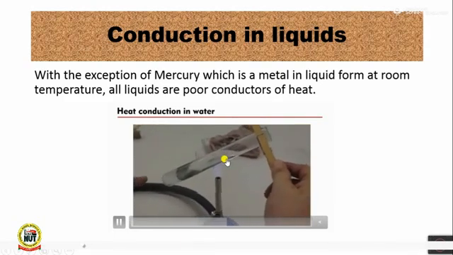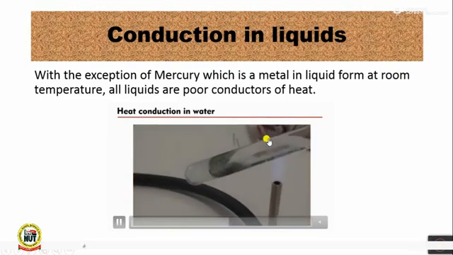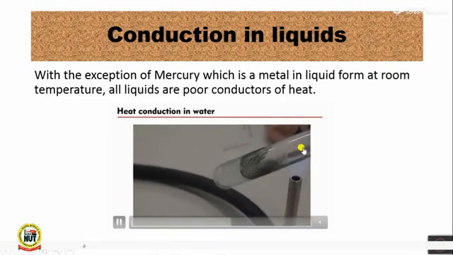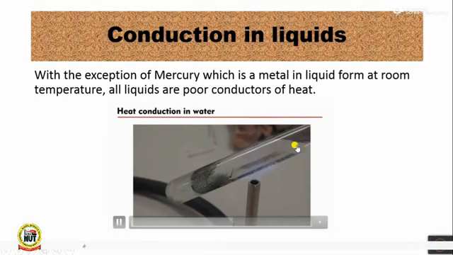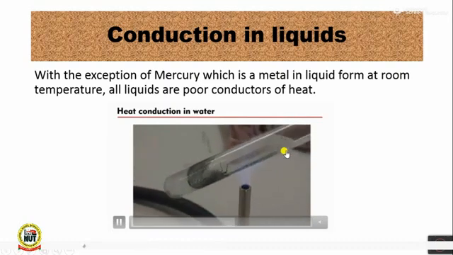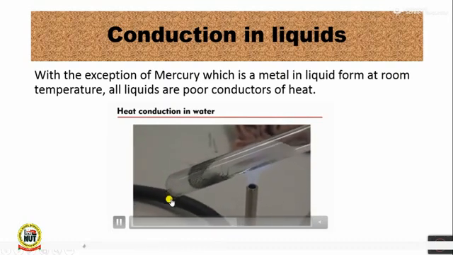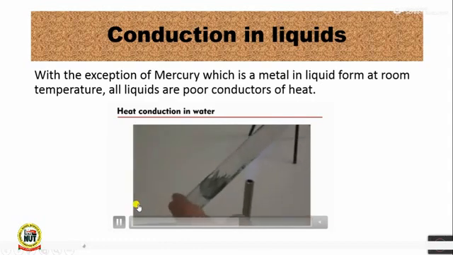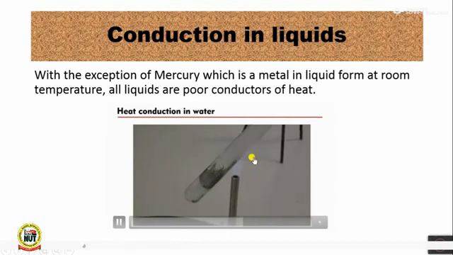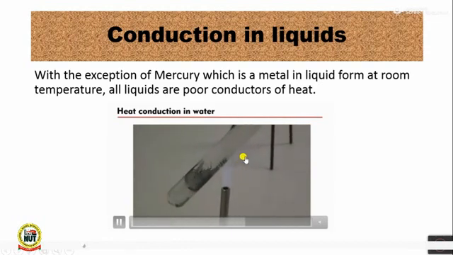After a while, the water at the top will keep boiling. Can you see it boiling? Yes, but the ice has not melted. Can you see it here? The ice has not melted. The ice is at 0 degrees Celsius, whereas the water at the top is at 100 degrees Celsius.